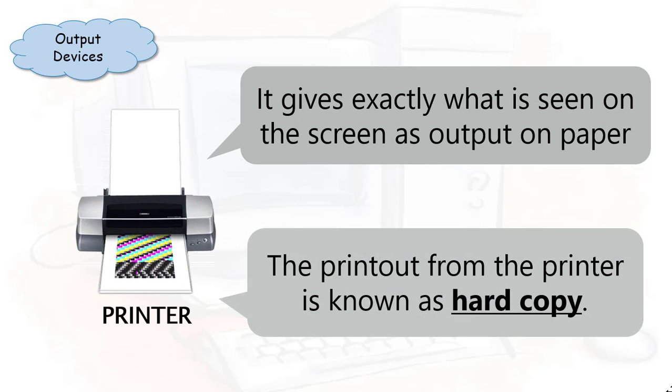The printout from the printer is known as a hard copy, while the output that we see on the monitor is a soft copy.